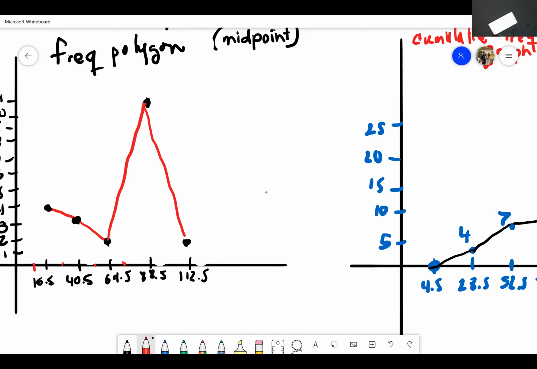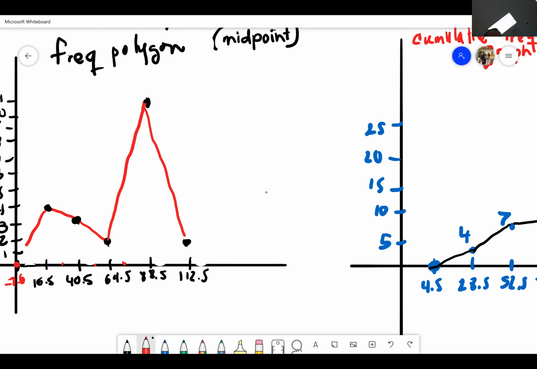But am I done there? No. I have to create 2 additional midpoints. Why? Because we have to close the figure. Our class width here was 24. So now I take 16.5 and subtract 24. This, which you can't see, I'm going to write in color, should be negative 7.5.